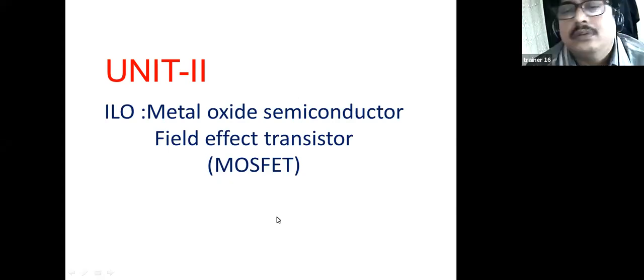Then today we will discuss about the metal oxide semiconductor field effect transistor.